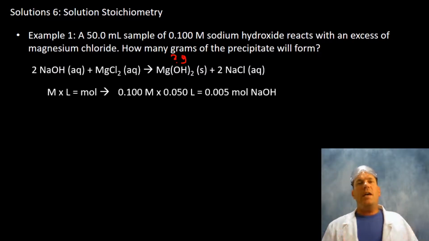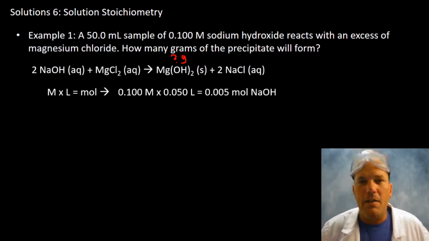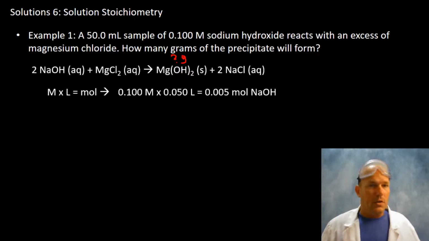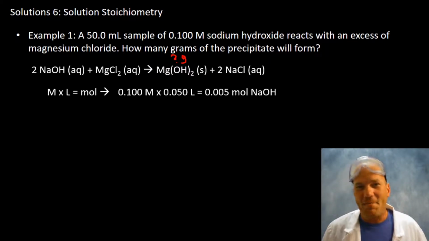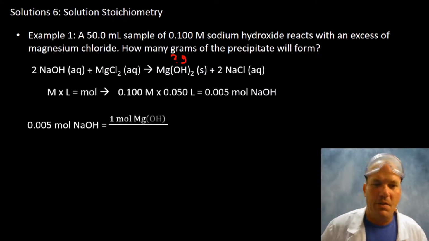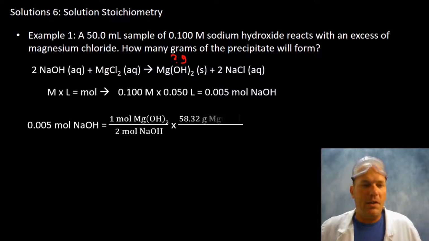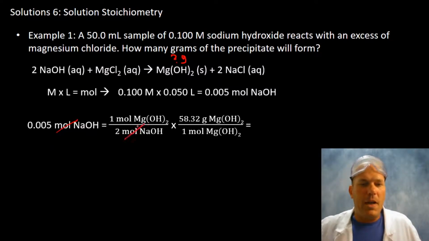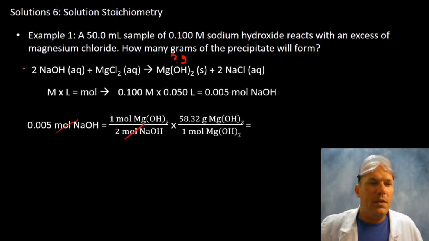Now it's time for some dimensional analysis. So where do you start? Well, the only place you can. You start with moles of the sodium hydroxide, okay? So moving through our computation with moles of sodium hydroxide, we're going to use dimensional analysis here, and we have a 1:2 ratio going on here. That's our mole ratio. 1:2, factor out.